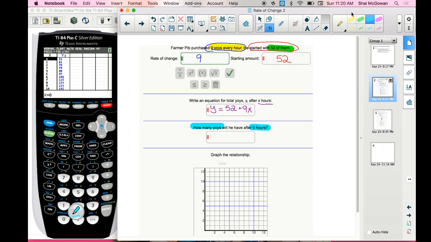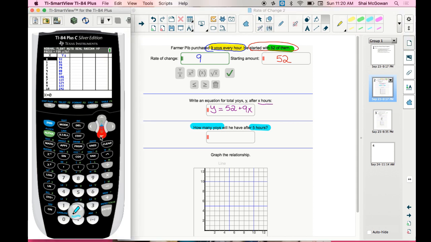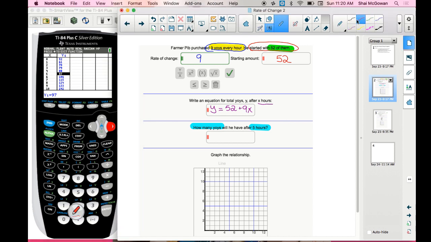Now on our table, we're going to look at our calculator. Here is 5. If I go down to 5, which is here, the number that corresponds is 97. So we're going to write 97. That's from the calculator. We could have done this by hand.